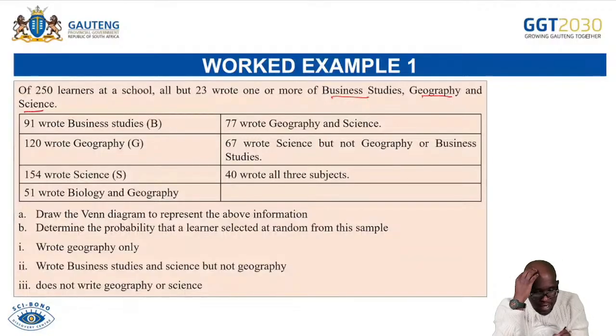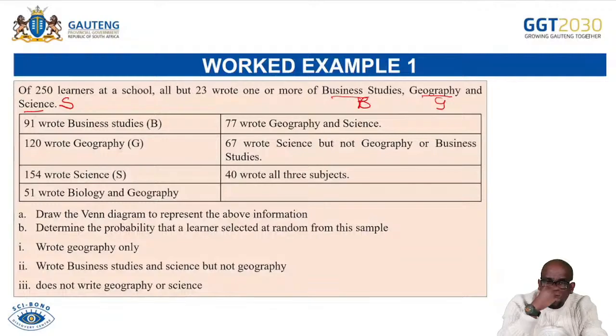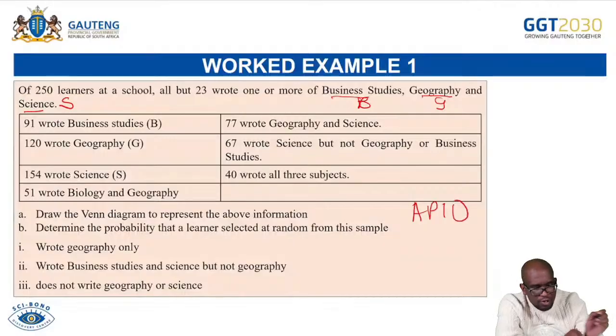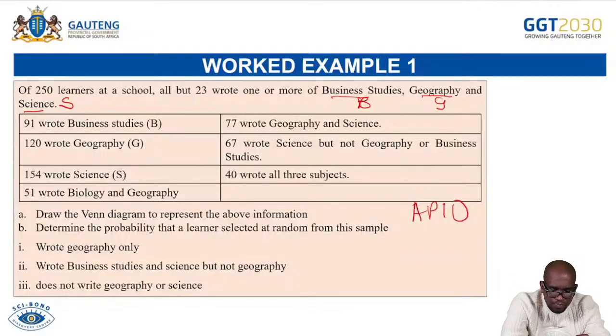If we let business studies be denoted by B, geography be denoted by G, and science be denoted by S. Let's check now. 91 wrote business studies, 120 wrote geography, 154 wrote science. Remember the APO. 77 wrote geography and science, 67 wrote science but not geography or business studies, 40 wrote all 3.